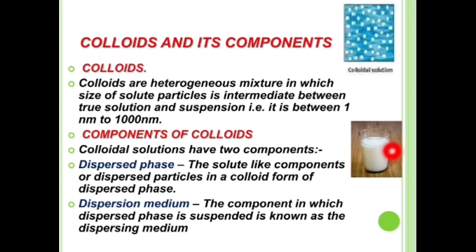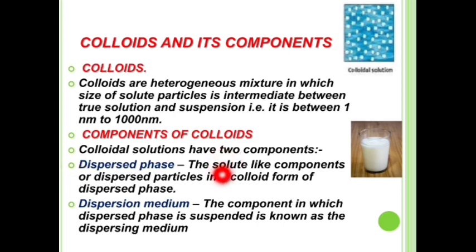So, what are colloids? Colloids are heterogeneous mixtures in which the size of solute particles is intermediate between a true solution and a suspension, that is, between 1 nanometer and 1000 nanometer. Now, let us see the components of colloids. Colloidal solutions have two components. Just like a true solution has solute and solvent, colloidal solutions also have two components: the dispersed phase and the dispersion medium.